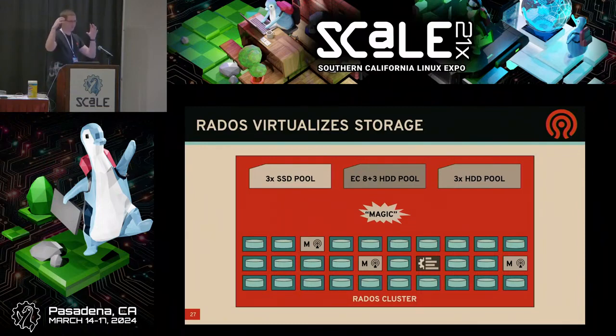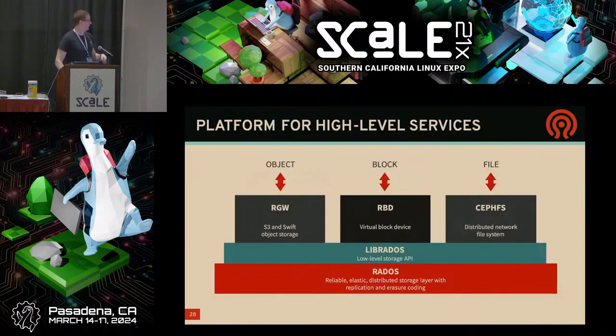You took a bunch of perfectly normal hardware, and you ran software on top, and now you just have this giant pool of storage. And your application says, hey, I want to use it as an object store, for RADOS, it says, I want to be able to read and write objects in this pool. But then, on top of that, we build a file system, a block device, and an S3 compatible object store.